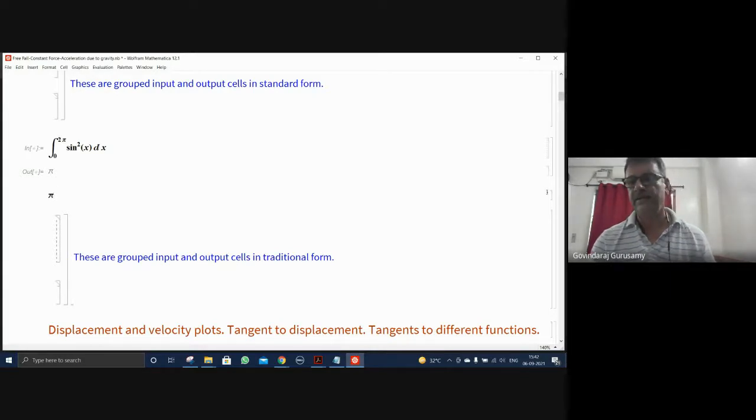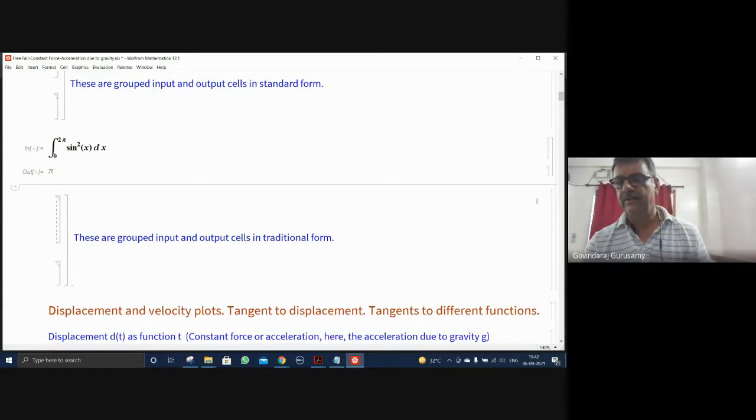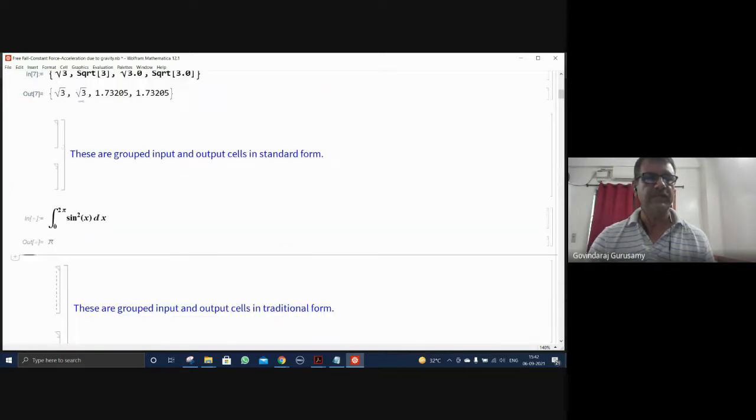You can see that there is an arrow here. So you can always check that if you have a triangle structure and dashed vertical lines like this, then it's a traditional form. No such lines in a triangular form, it is a standard form.